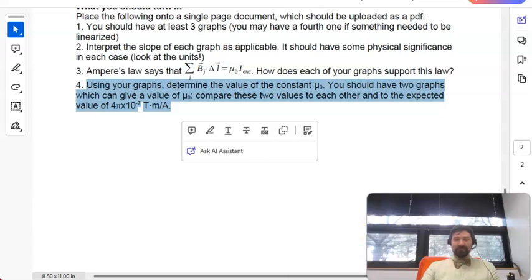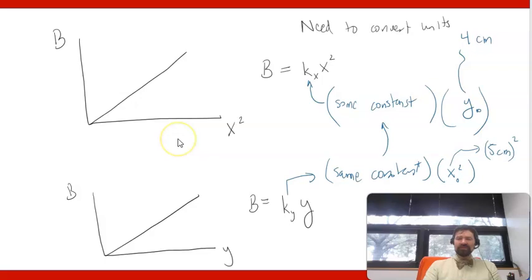So this constant, it's not that this constant is mu naught, it's that we expect it to be maybe like 4 pi times mu naught.